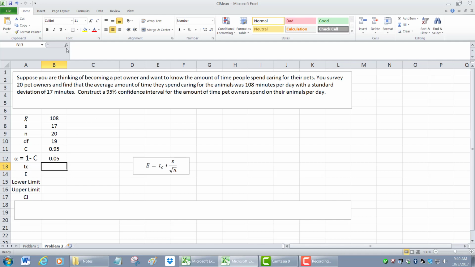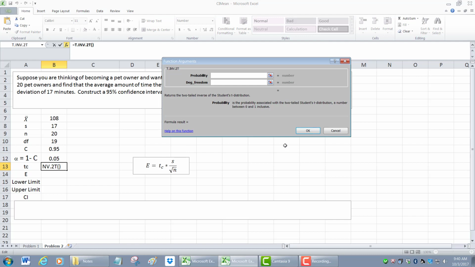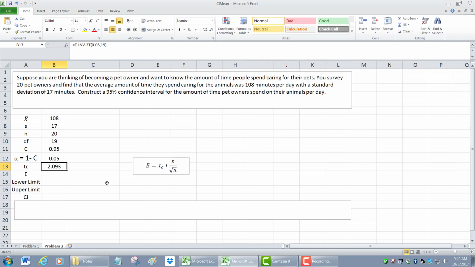Now again we need to use T.INV.2T. Probability 0.05, degree of freedom 19, and we get 2.093 for our critical value. And let's see how we got these.